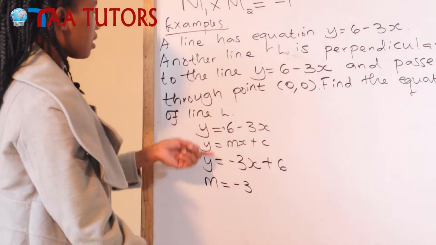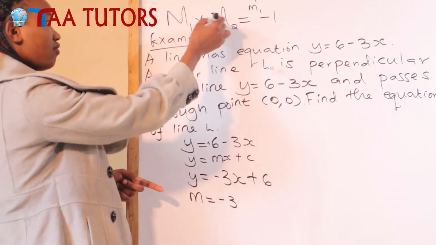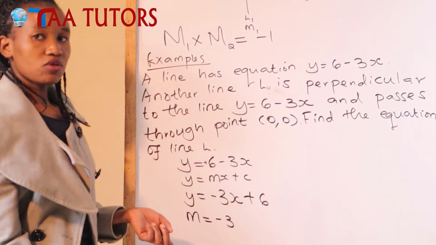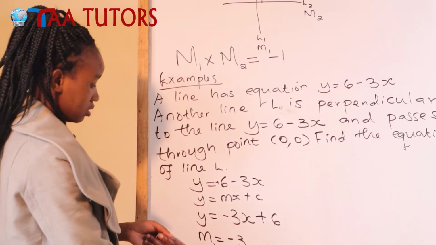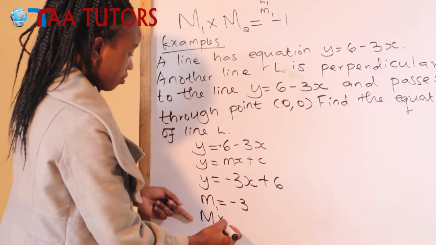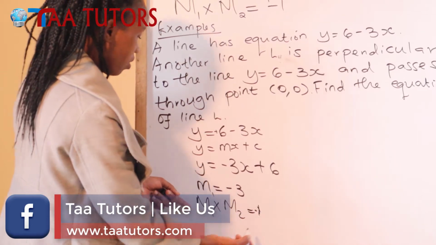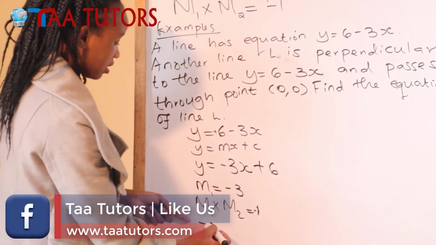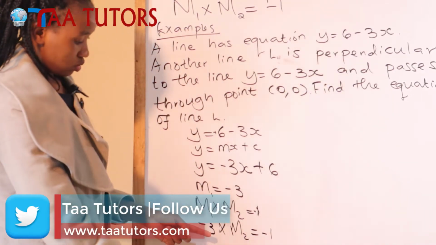Now that we have the gradient of the line y equals 6 minus 3x, we can find the gradient of line L. How do we find it? We use the formula m1 times m2 equals -1. So this is m1. Our m1 is -3, times m2 equals -1.